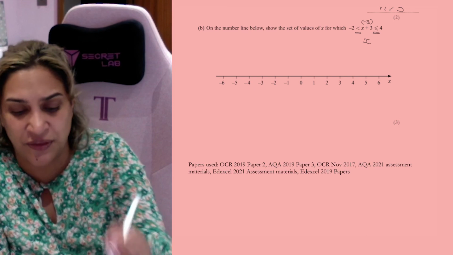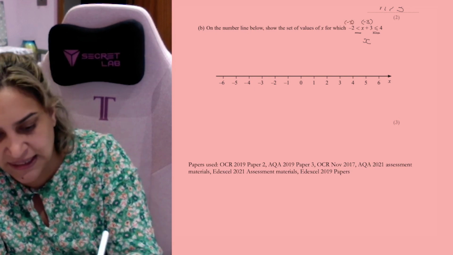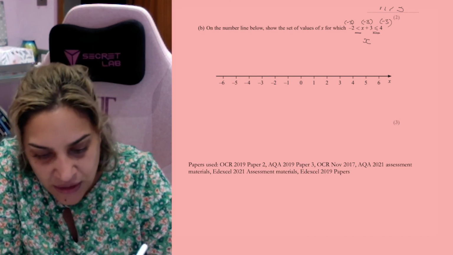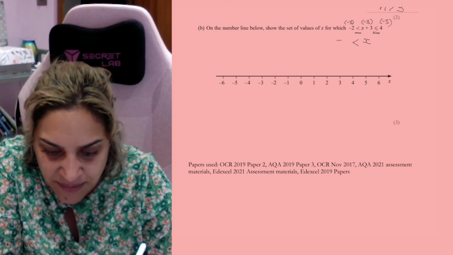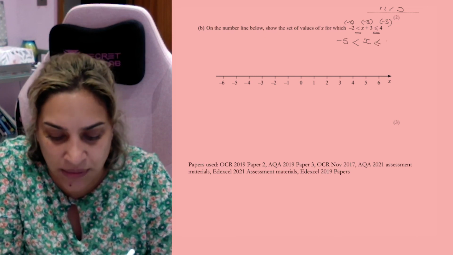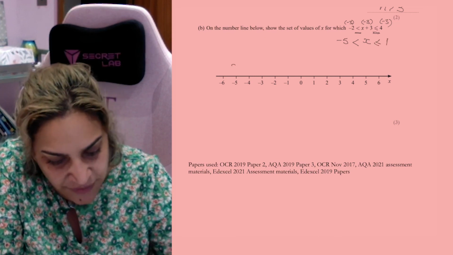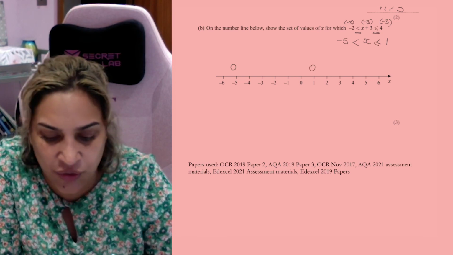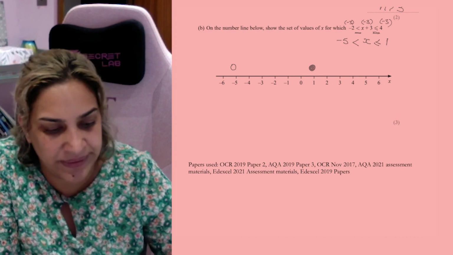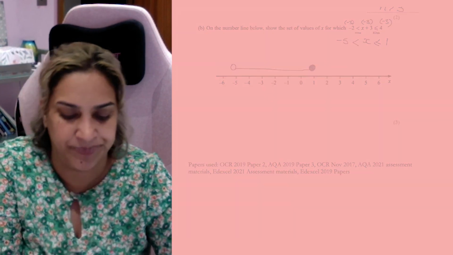But if you do it to one thing, you have to do it to the other thing. And in this case, you have to do it to the other side as well. So minus 2 minus 3 is minus 5. 4 minus 3 is 1. So we've got minus 5 and we've got 1. Now if you look on the 1, it's equal to as well. So we colour in the blob and then we just join them up.